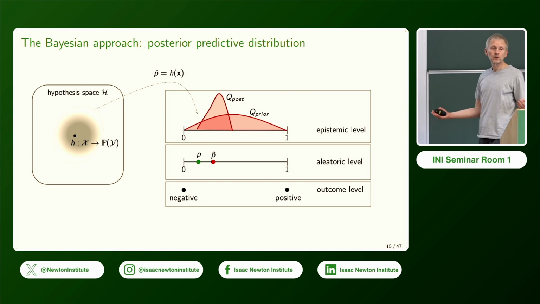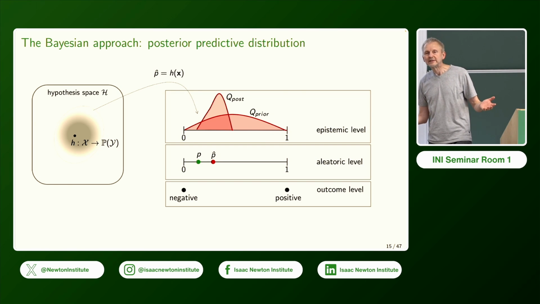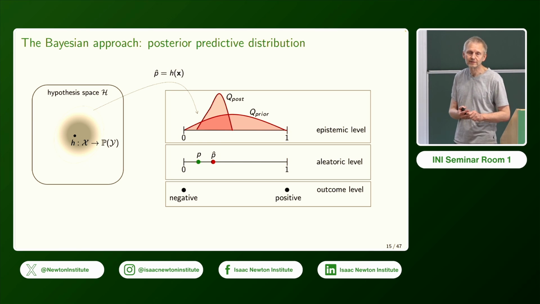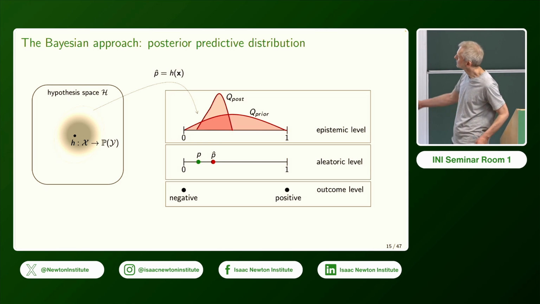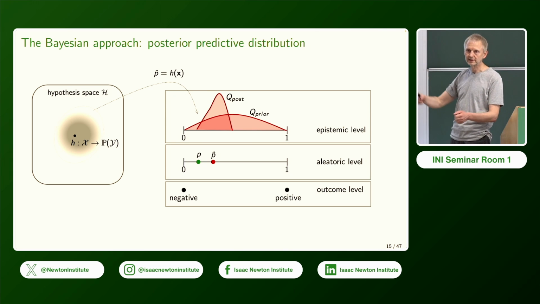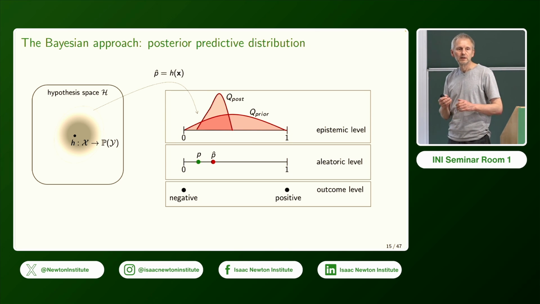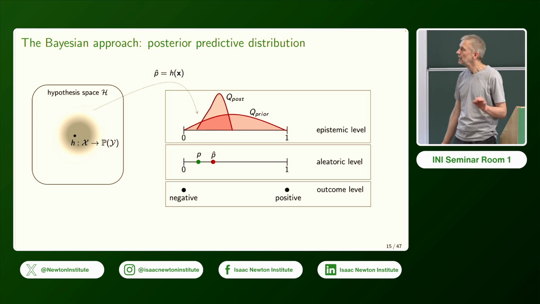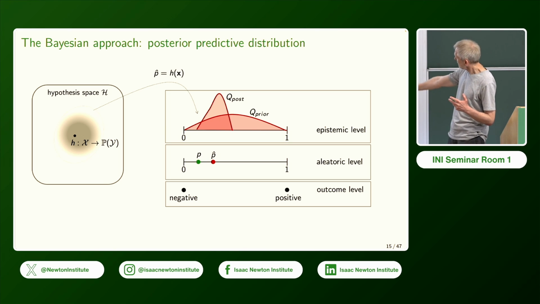So of course, you could go the Bayesian way. Bayesians, in principle, are exactly doing this. If your hypothesis space is a space of probabilistic predictors, like neural networks, for example, with a softmax activation in the end or whatever, then every point here would be a neural network. Then learning means turning your prior here into a posterior.